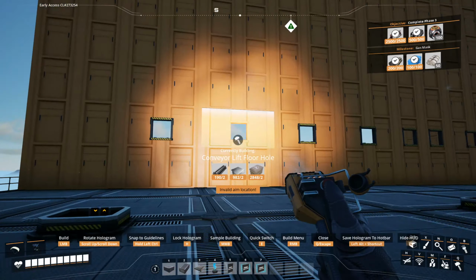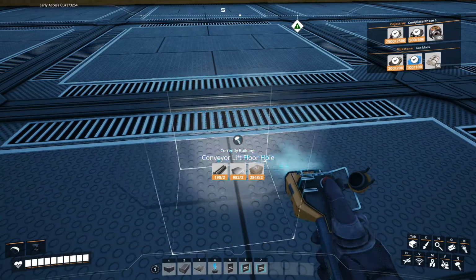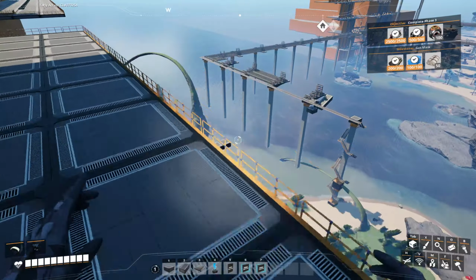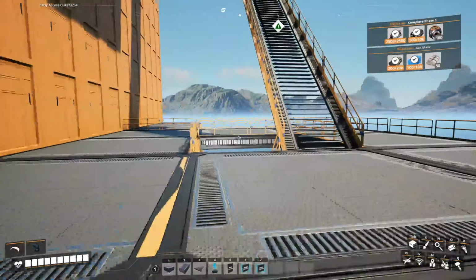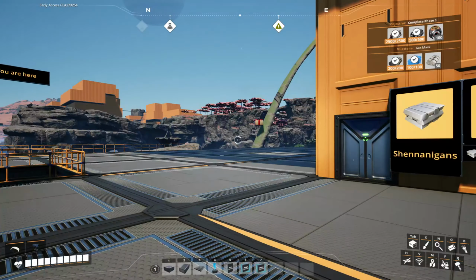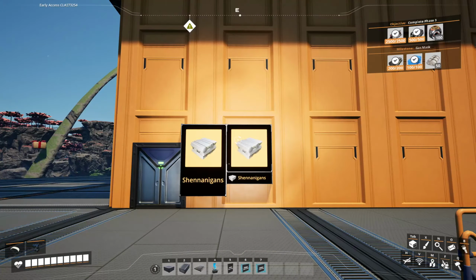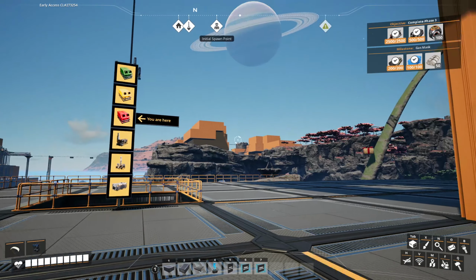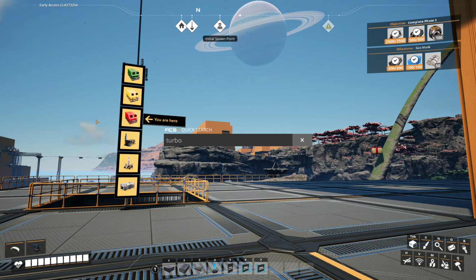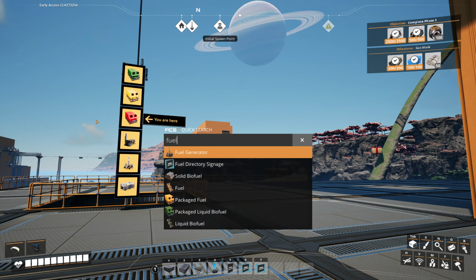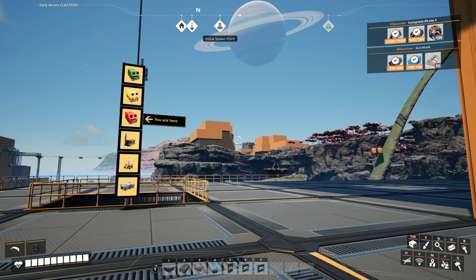Canister return for fuel. Can I make turbo fuel yet? Nope.